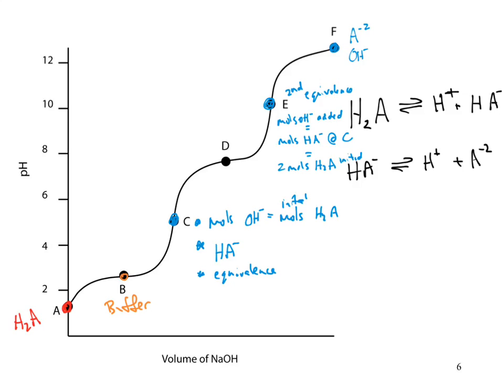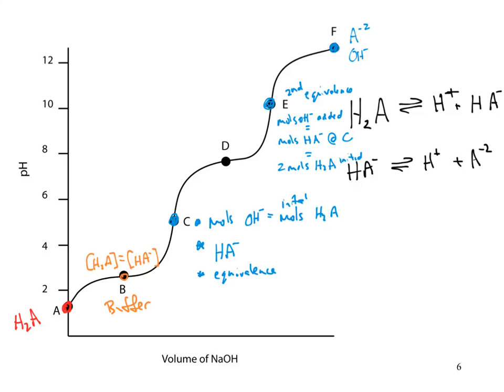Because what? Half of it's used. I can accept that. Because the concentration of H2A at that point equals the concentration of HA minus. How do we know that? We're halfway between becoming entirely HA minus. Okay, so our concentrations must be equal at that point.